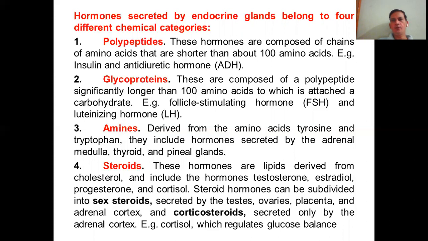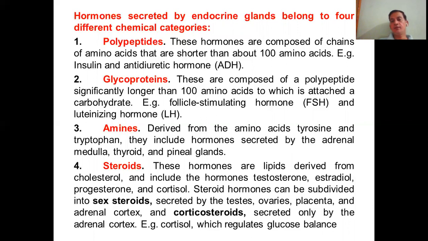So these hormones are lipid derived from cholesterol and include the hormones testosterone, estradiol, progesterone, and cortisol. Steroid hormones, they can be subdivided into sex steroids and corticosteroids. So sex steroids, they are secreted by testes, ovaries, placenta, and adrenal cortex. And adrenal cortex secretes corticosteroids. They are secreted only by the adrenal cortex.